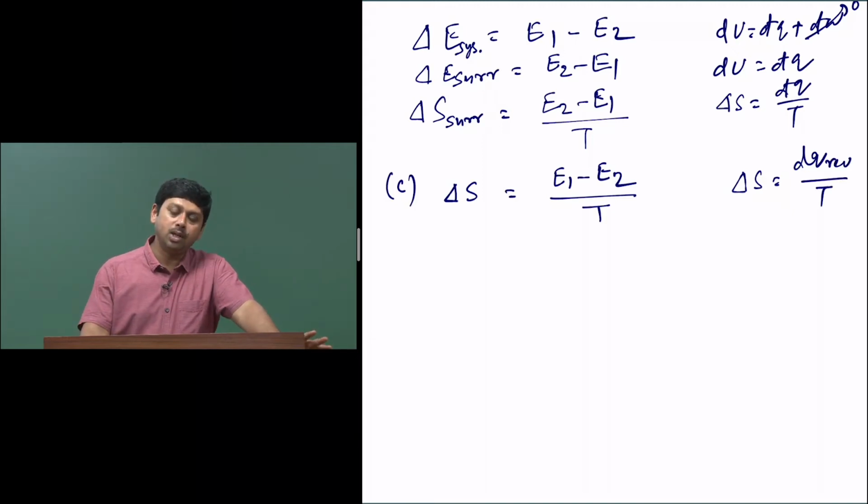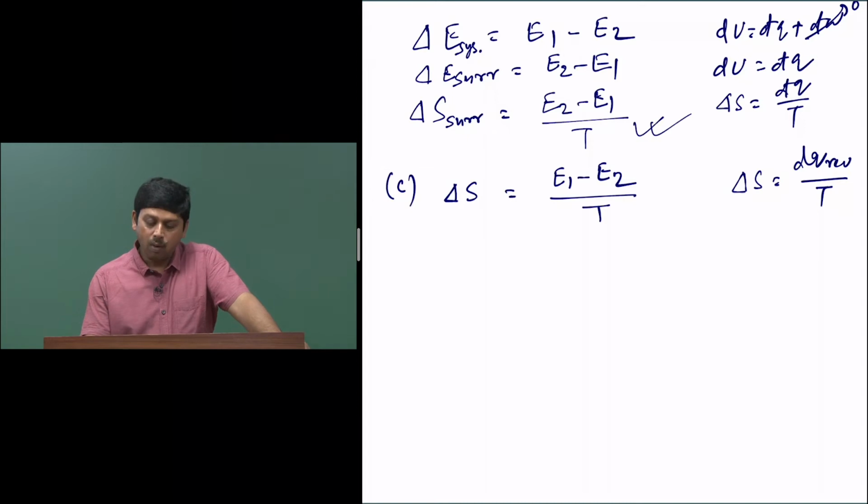So, that is why for the surrounding this result is okay. However, for the system this result will not be okay if the process is not reversible. So, assuming that the process is reversible, because without assuming that we cannot even do the calculation that is demanded.